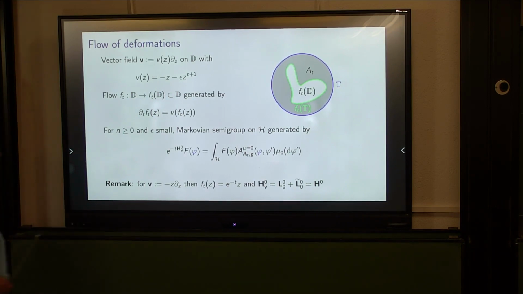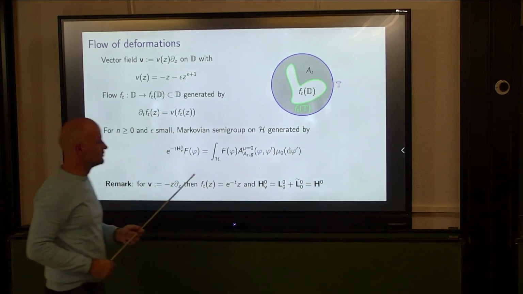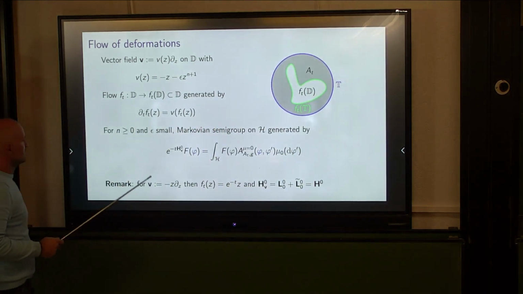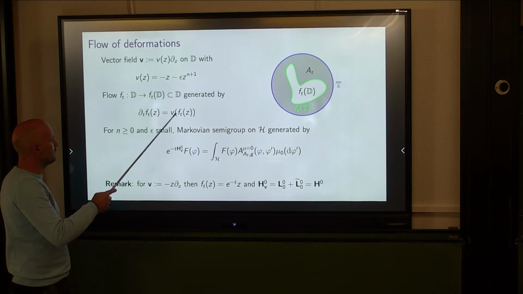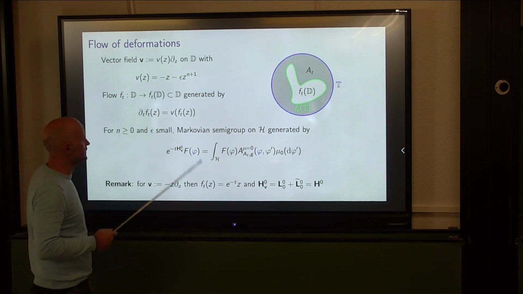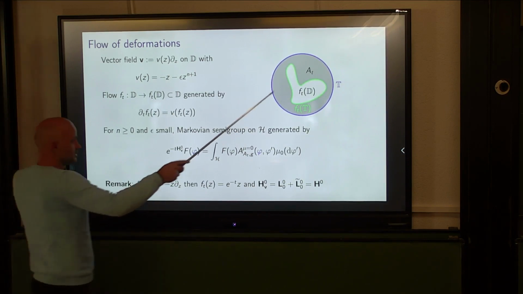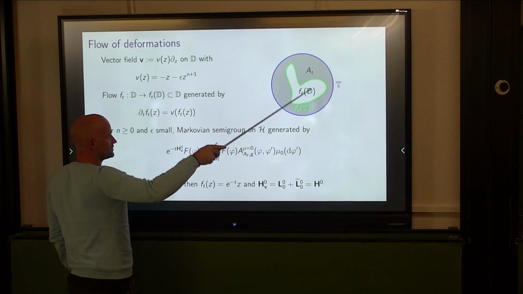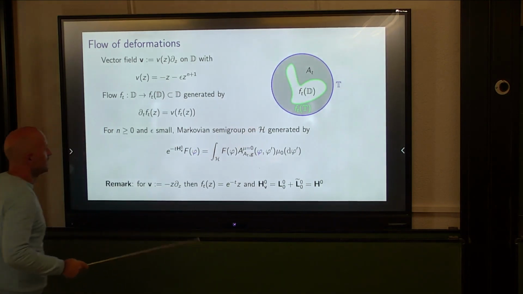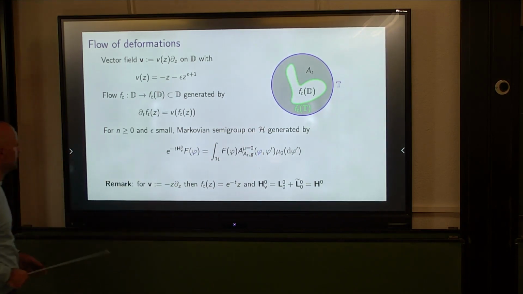And actually, what will happen is that this flow will shrink inside the circle. And so when epsilon is small enough, it will give you a family of holomorphic maps defined on the unit disk, the F_t. So F_t is defined on the disk, and when you map the disk by F_t, you get this white area here, and the boundary is this F_t of the unit disk, the green line, okay?